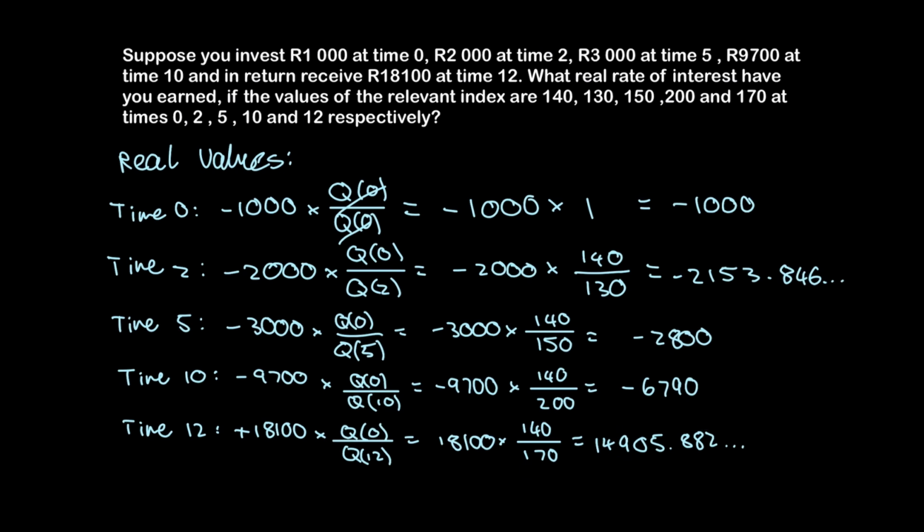Okay, and now you might say to me, how is it possible that our indices don't increase all the time? How come they go from 140 to 130, and then they start increasing all the way to 200, and then they decrease again to 170 at time 12? It's because you don't actually know what the underlying asset or certain thing that this index is representing. You don't know how it moves in time and how its prices and demands move.